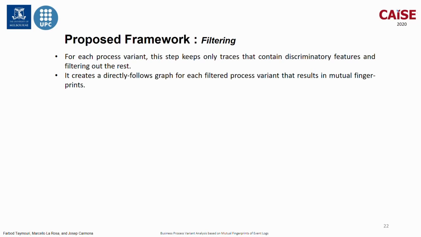Technically, assume that an edge like EI-EJ is found to be the discriminatory feature between two process variants. Then all traces containing this edge are kept. A mutual fingerprint is a directly followed graph created based on this set of traces for each process variant separately.